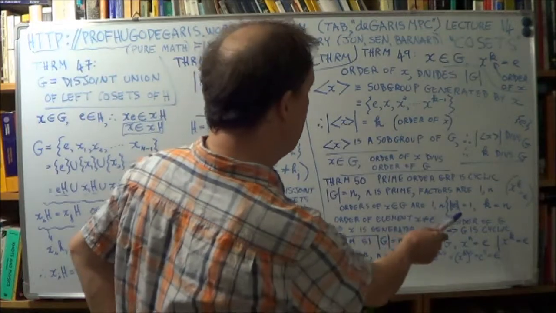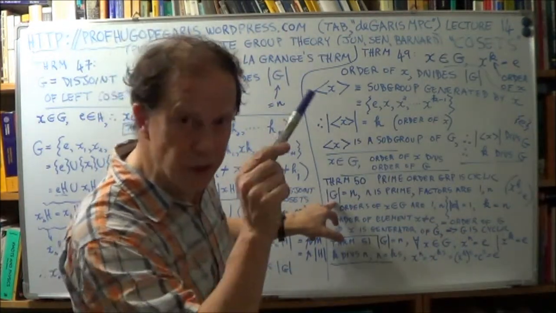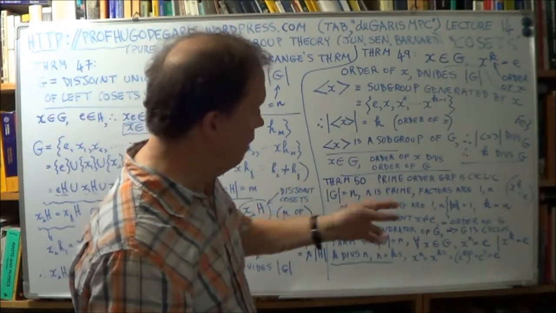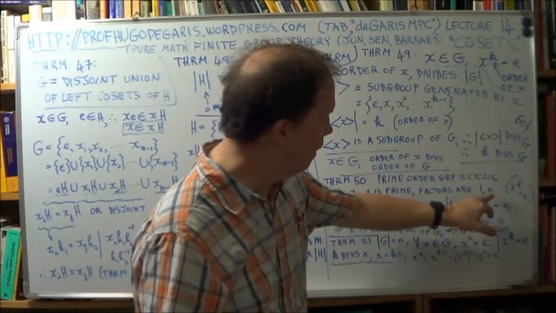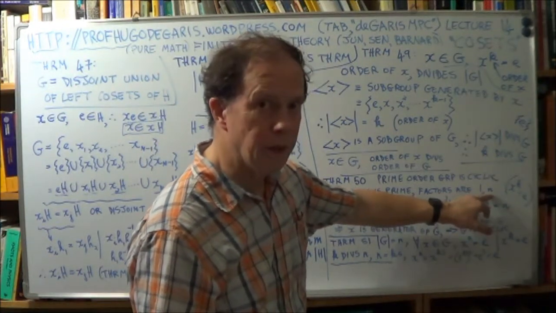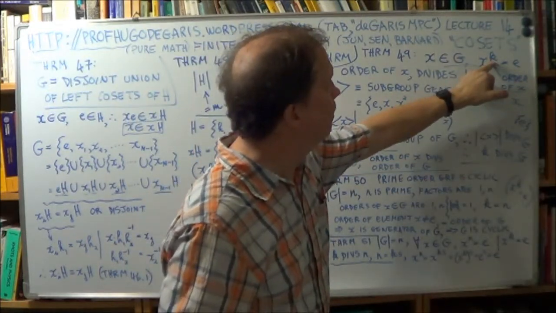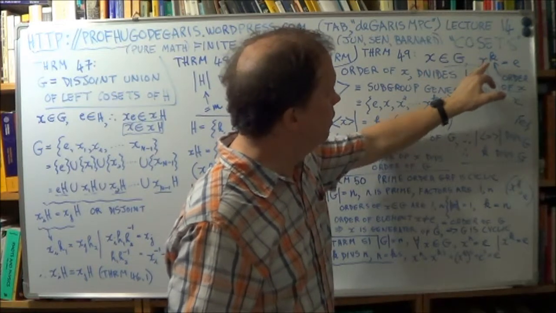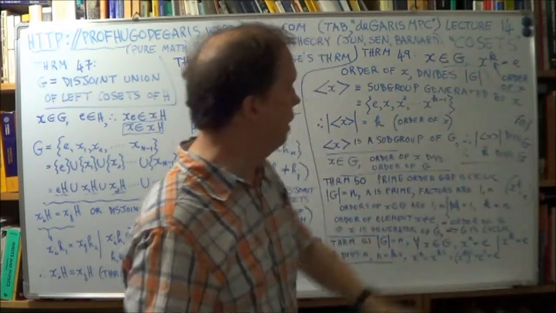That means any other element belonging to G besides the unit will have order n. It has to, because whatever the order k of an element x is, x to the k will give you e.